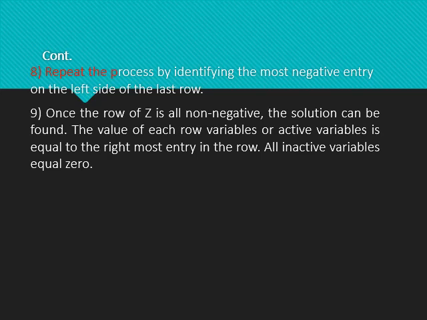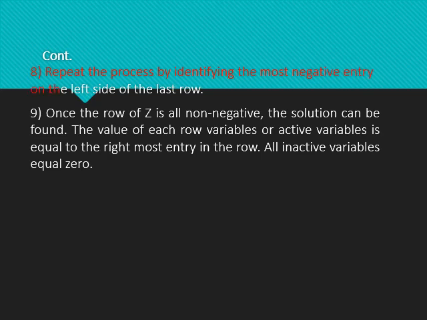Repeat the process by identifying the most negative entry on the left side of the last row. Nine, when the left side of the last row is all non-negative, the solution can be found.